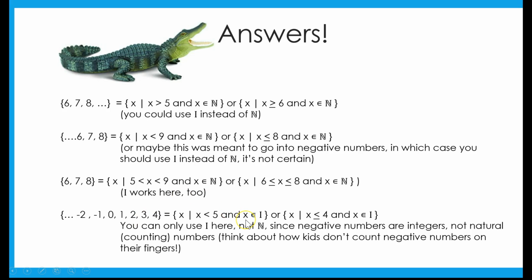So you have to say it's a part of the integers. Counting numbers are not negative. Kids don't count negative numbers on their fingers. And so you have a bunch of different choices for how you can put it. If you didn't try this out on your own, go back and try it out on your own again and come back to this slide and then take a look at the answers.